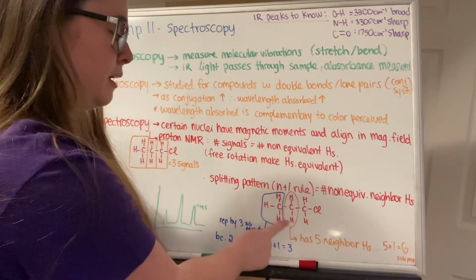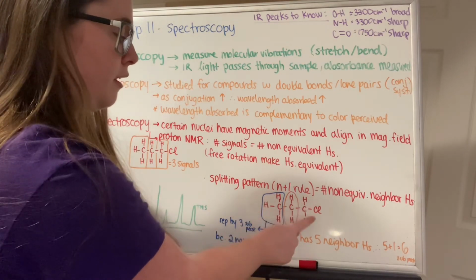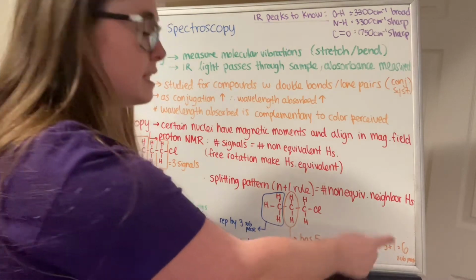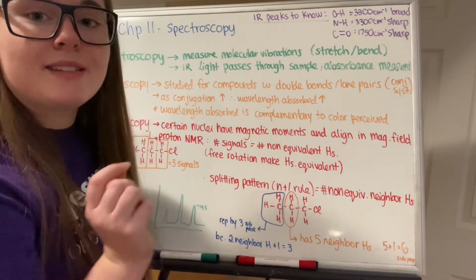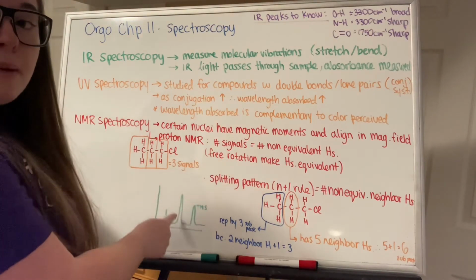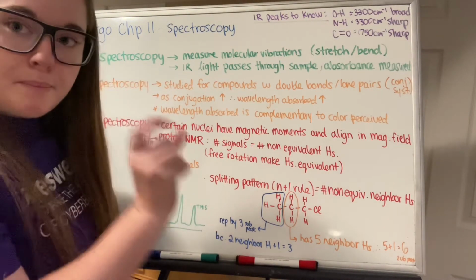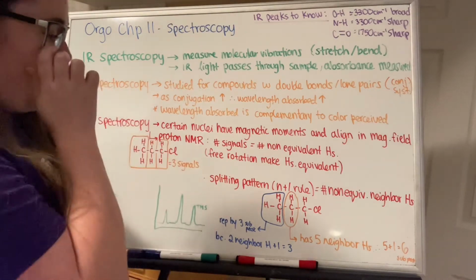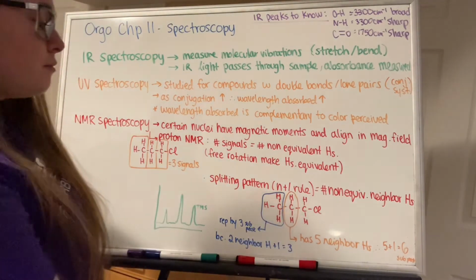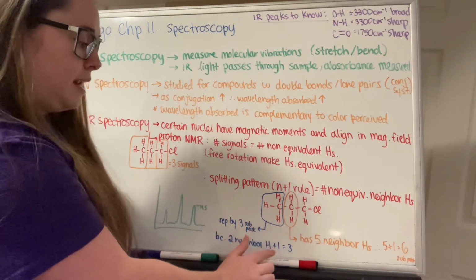The 6 represents the number of sub-peaks. So you'd be looking here, and it would have 6 sub-peaks in that one signal for this environment.